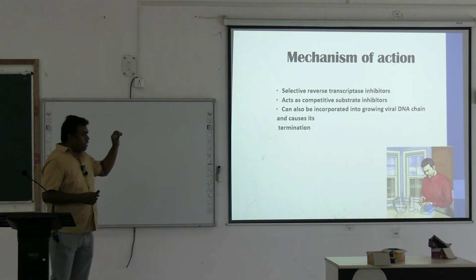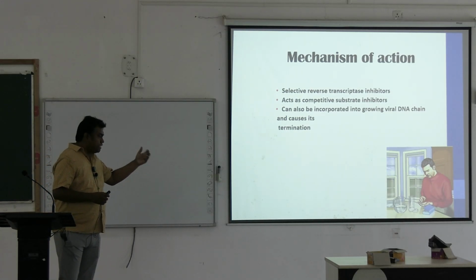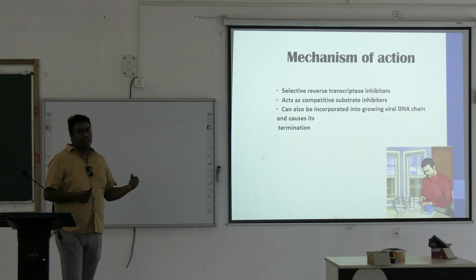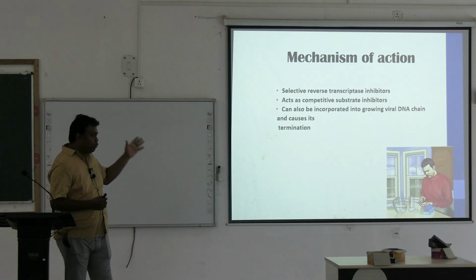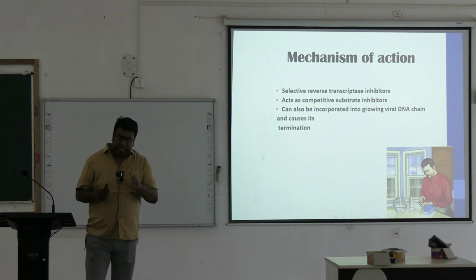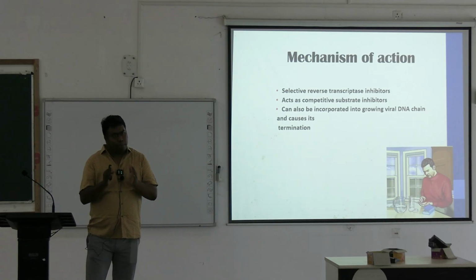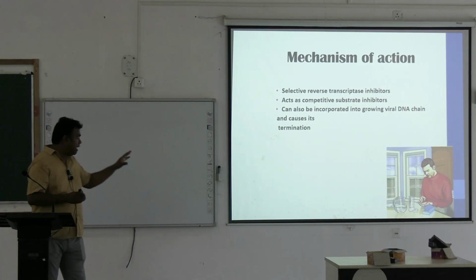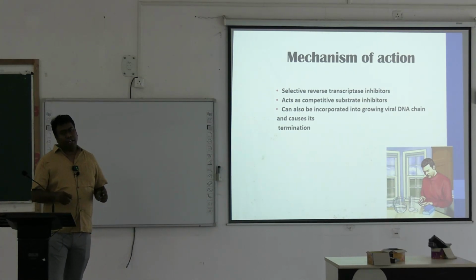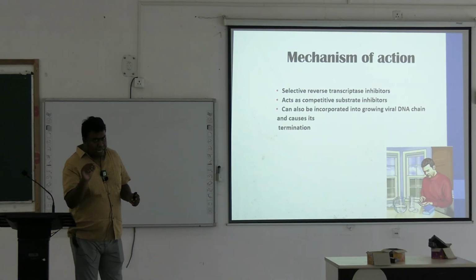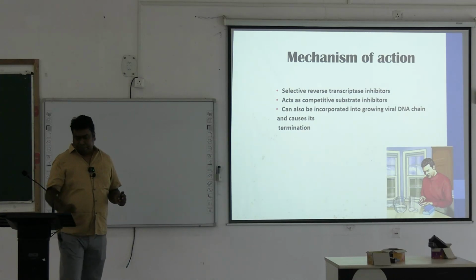They incorporate themselves into the growing DNA and that helps to terminate it. So the mechanism of action of nucleoside or nucleotide reverse transcriptase inhibitors: they inhibit the reverse transcriptase enzyme competitively, incorporate themselves in the DNA, and terminate the DNA chain elongation. That is the mechanism of action of nucleoside and nucleotide reverse transcriptase inhibitors.